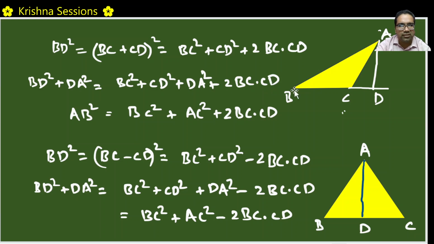Now we can see that the square of the largest side is equal to the sum of squares of the remaining two sides plus 2 into BC into CD.